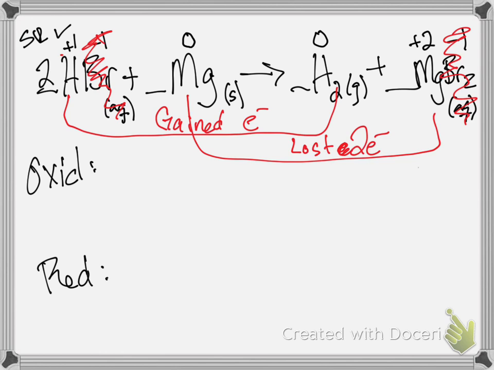Now, that is probably going to be the biggest hurdle that a lot of you have to get over about this gaining and losing. Okay? Because we are talking about negative particles, it kind of is the opposite of what you might think, right? If you gain electrons, you're more negative. You lose electrons, you become more positive. Okay? So now I come down here.